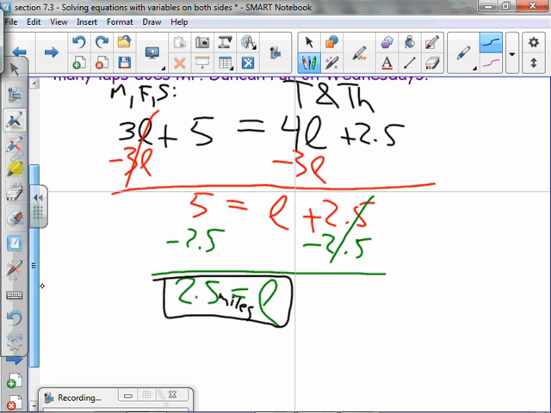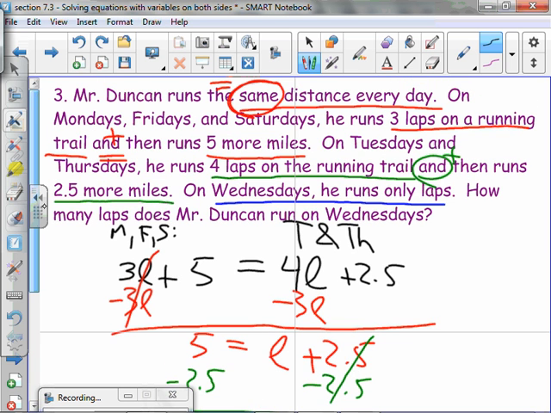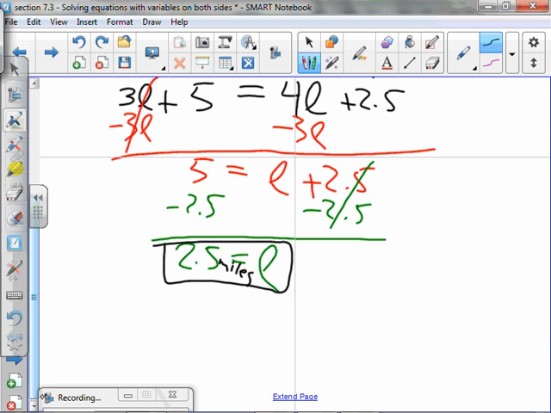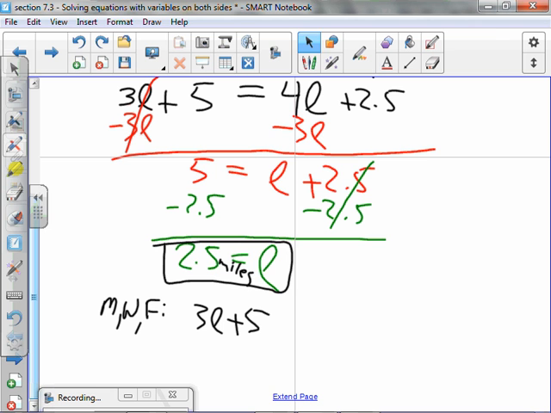In order to figure out how many laps I run on Wednesdays, I need to use my information again that on Mondays, Fridays, and Saturdays, I run 3 laps plus 5 miles. So let's figure out how many laps I run on any of these days, because I run the same amount every day. So if on Mondays, Wednesdays, Fridays, I run 3L plus 5, then let's figure out how much that actually is, because I know what L is now.